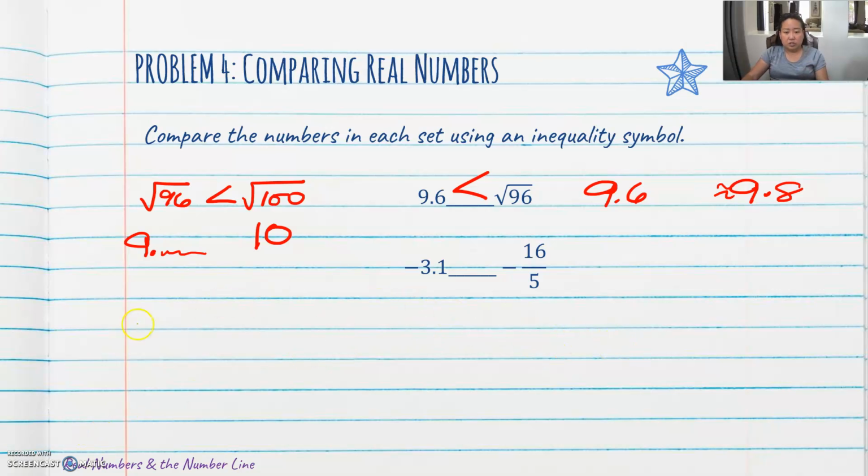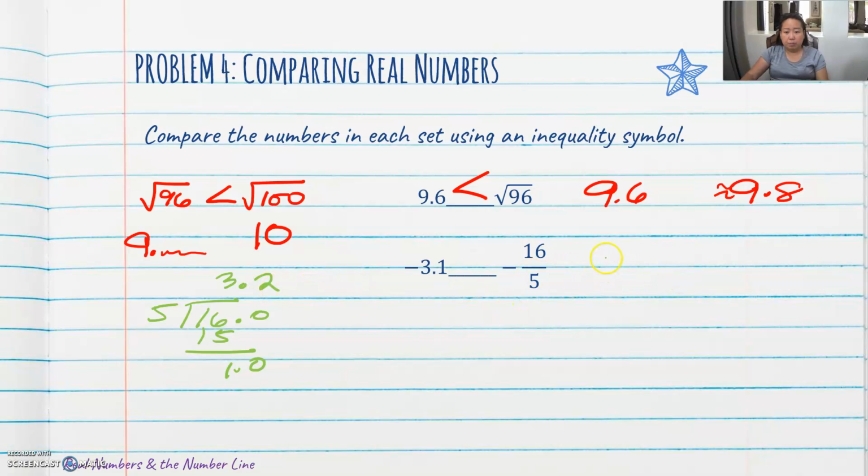In this case, this is negative 3.1. Negative 16 over 5, if you do a quick division of that, I can do it here on the side. So 16 over 5, that's going to be a 3, 15, that's a 1, put another 0, that's going to be a 3.2, okay?